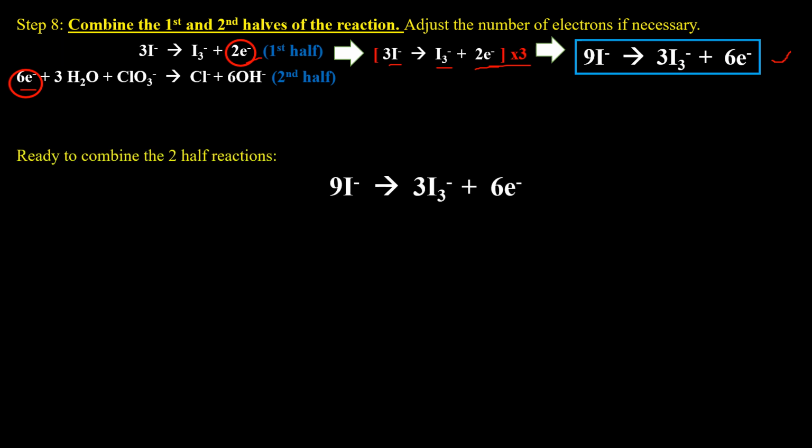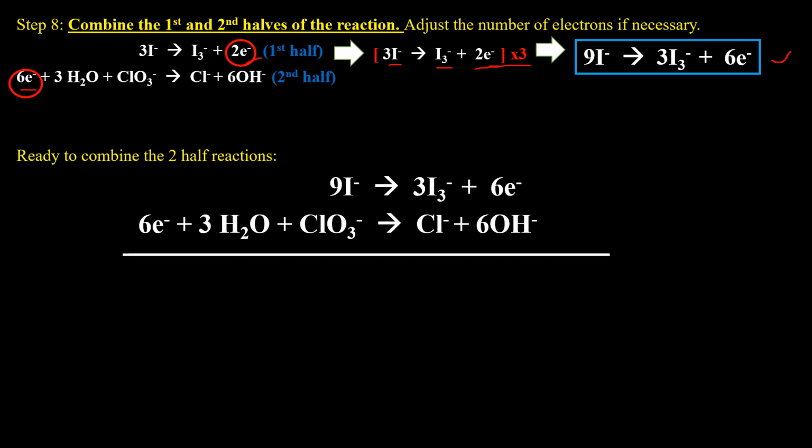If we are now ready to combine the first and second halves of the reactions, don't forget to cancel the electrons, and then you write for the final answer all substances found on the reactant side and all the substances found on the product side, still separately, of course.